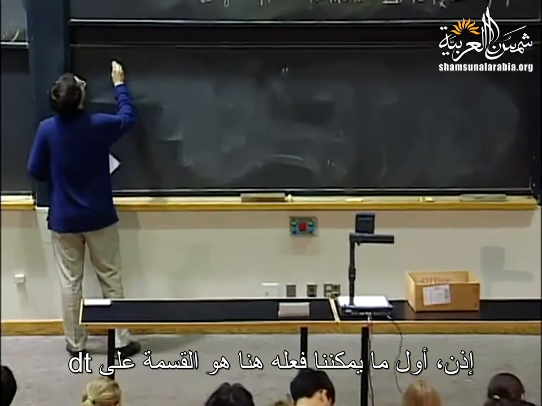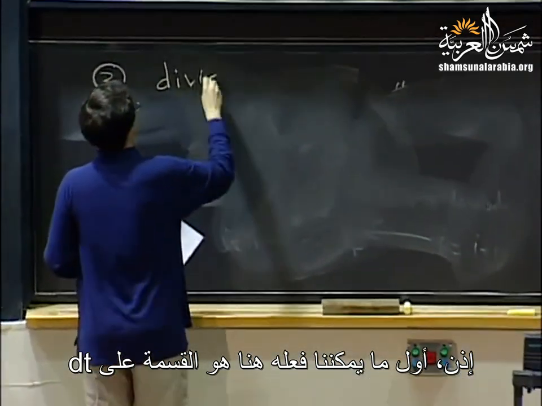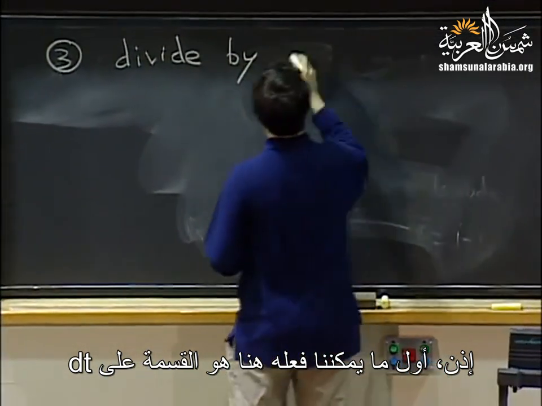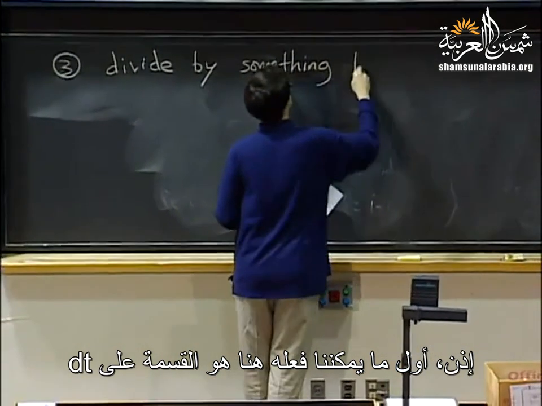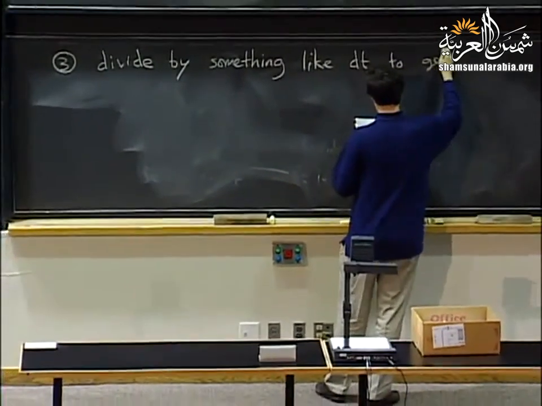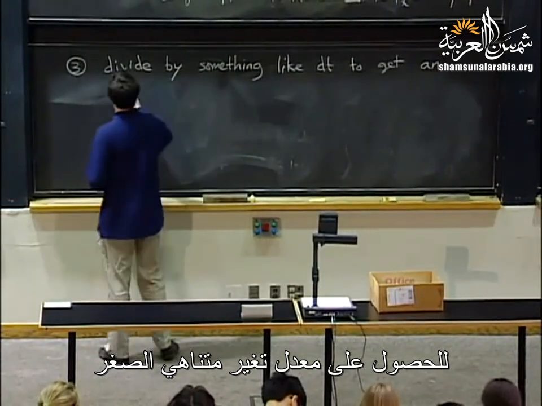Okay, so the first thing we can do is divide by, say, something like dt to get an infinitesimal rate of change.